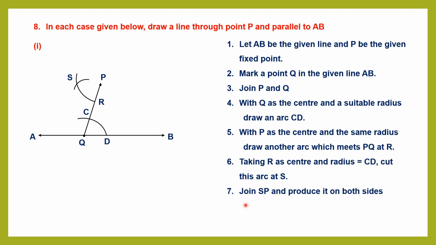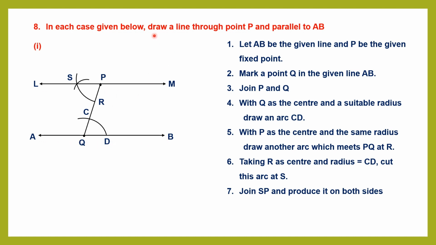Next step, join SP and produce it on both sides. So S is here, P is here, join these two and extend it on both sides. So we have done that now. Now name it L and M. Can you see that this line that we have drawn is parallel to this line and it has gone through point P?